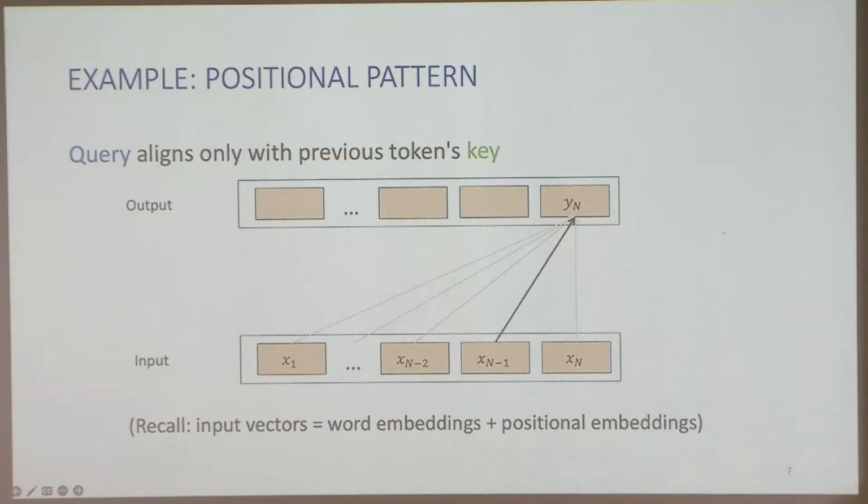That's a case where you would see this kind of attention pattern, where you're always looking back just one position in the sentence. This doesn't say anything about what values get passed up, just what the attention pattern would look like.